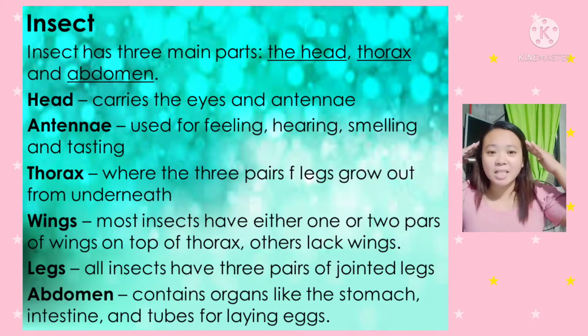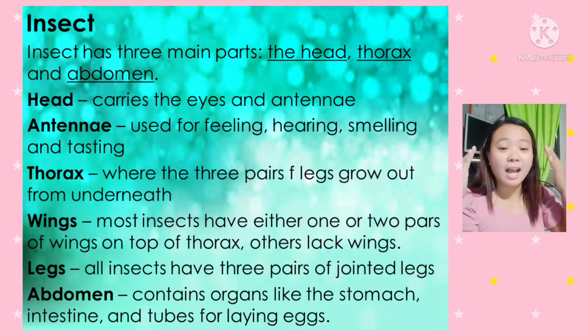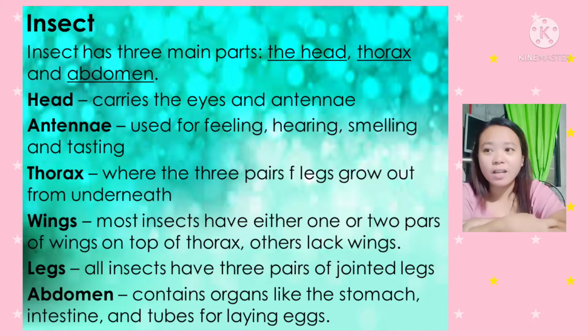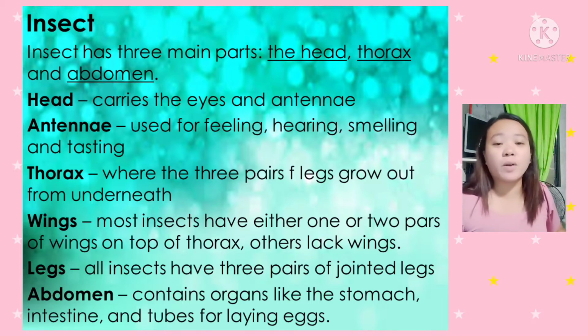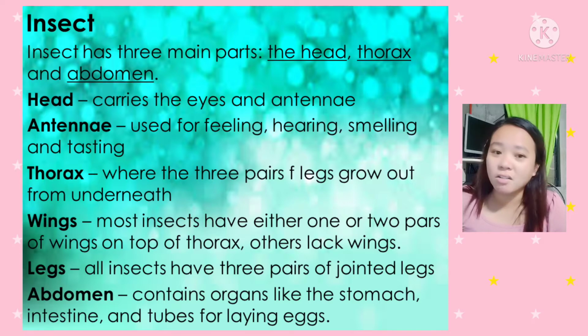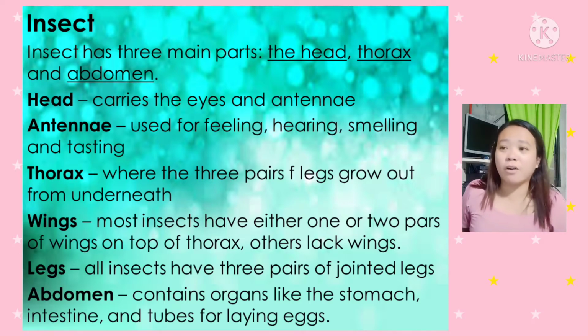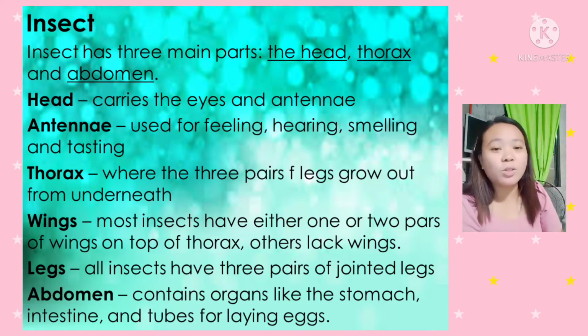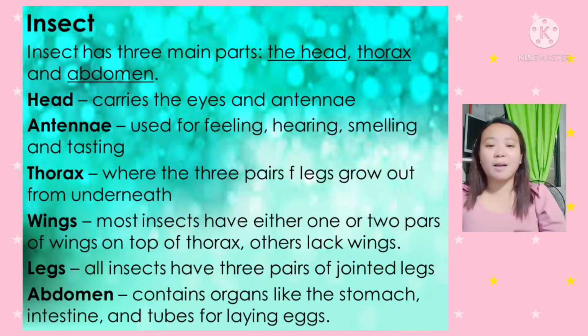The head carries the antenna and the eyes, and the use of antenna is for tasting, smelling, hearing, and feeling. And the thorax is where the three pairs of legs grow out from underneath. And of course, insects have some wings and also legs and abdomen.